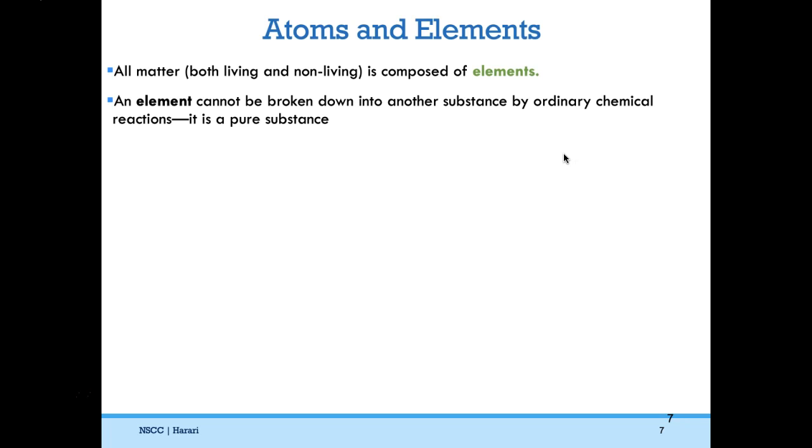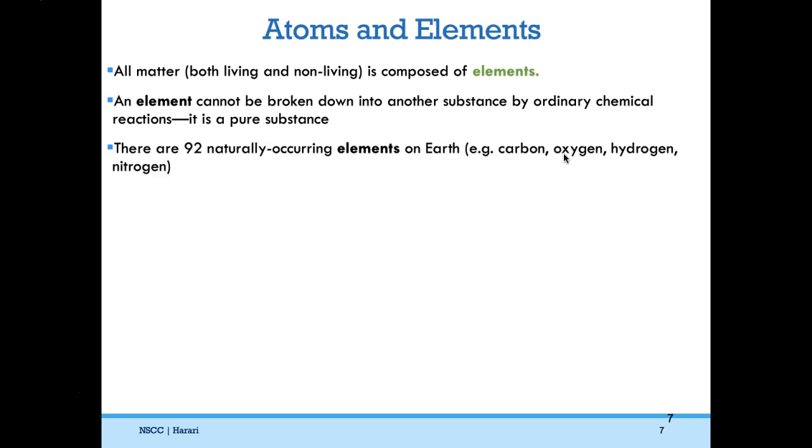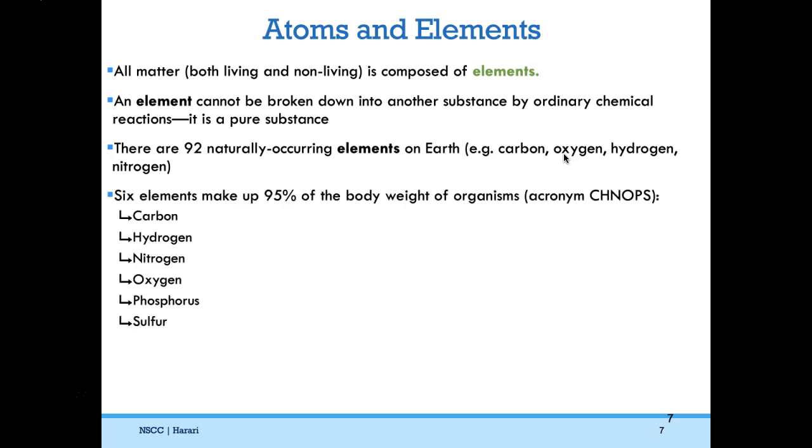It is a pure substance. On Earth, there are 92 different naturally occurring elements. You might have heard of some like carbon, oxygen, hydrogen, nitrogen. These, again, cannot be broken down very easily.